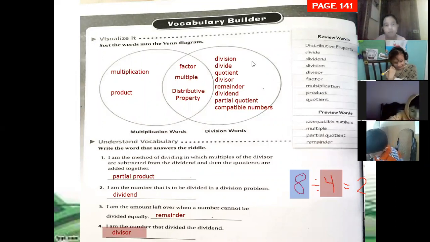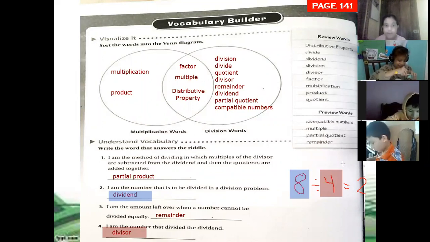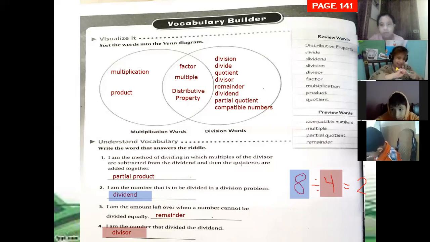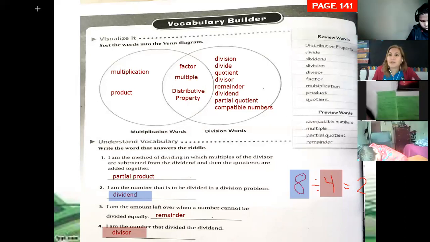I'm applying some color, and this is the dividend. The number 8 is the dividend, and the number 4 is the divisor. And those are part of division. So what is the name of the number 2? What is the name of that part? The number 2 is the quotient, not remainder, porque eso no es lo que nos sobra. Después van a entender bien. Tomorrow I'm going to explain what remainder is, okay? So you're going to understand that term tomorrow.